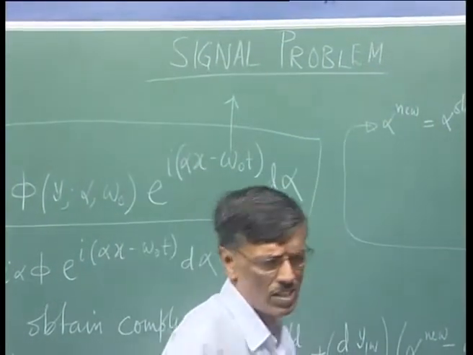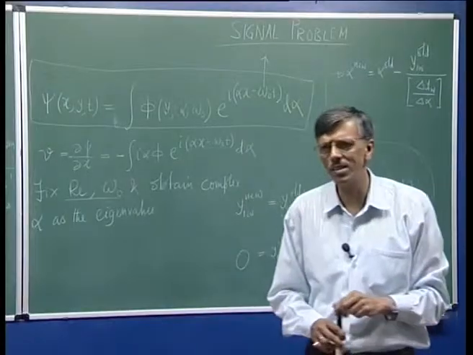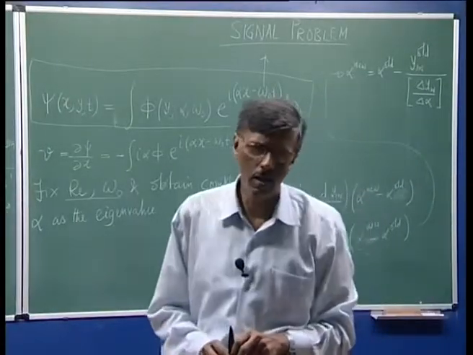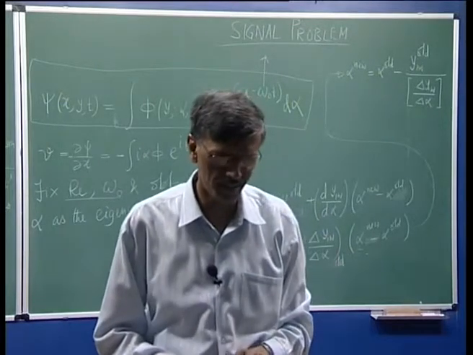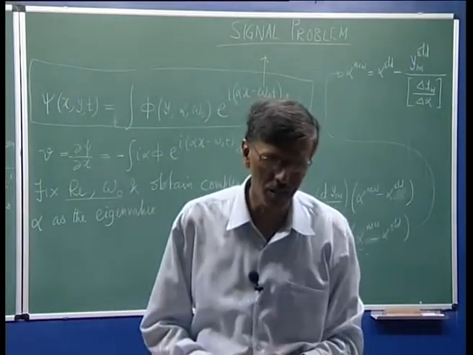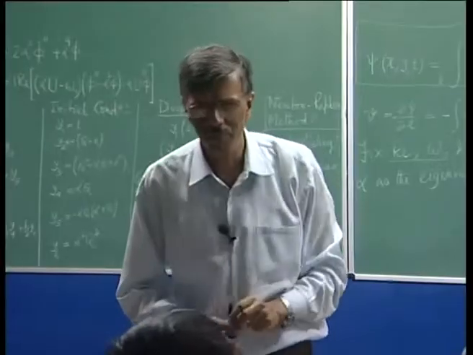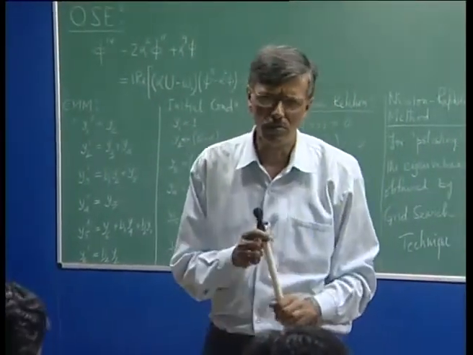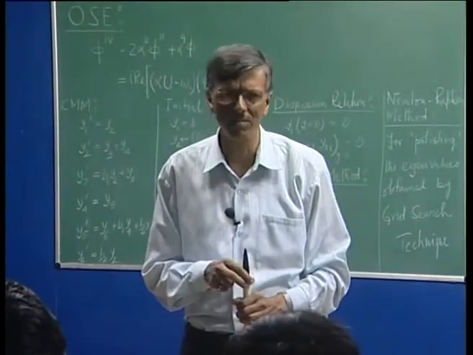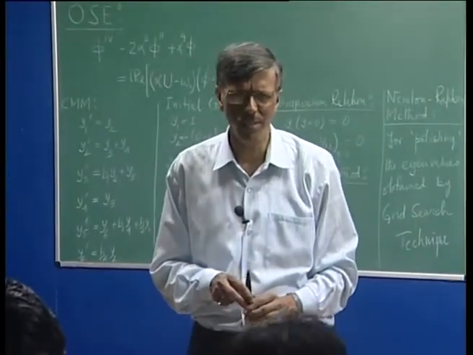And the essence of the signal problem is inherent in all published material on stability theory, except some of the work done by us. About a couple of decades ago, we started thinking fundamentally why this has to be so.